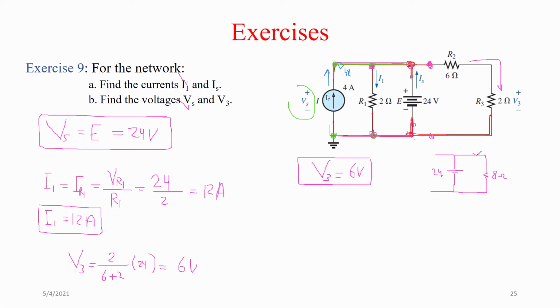So I can find the current here, which is 3 ampere. 24 volt divided by 8. So the current here is 3 ampere. Take 3 ampere multiplied by 2 ohm will give you 6 volt, the same thing. That's another way to find it.